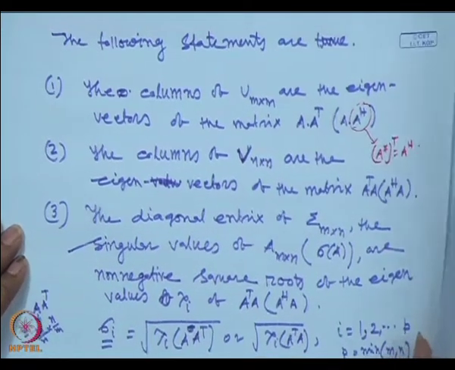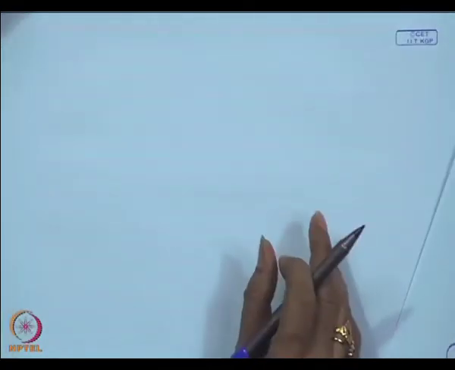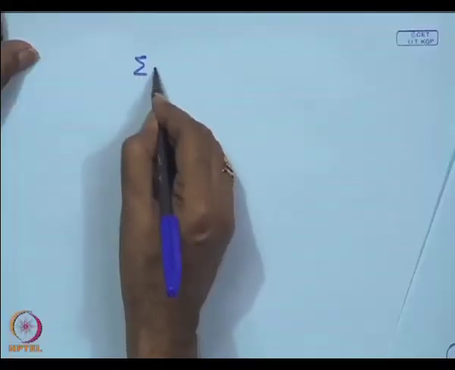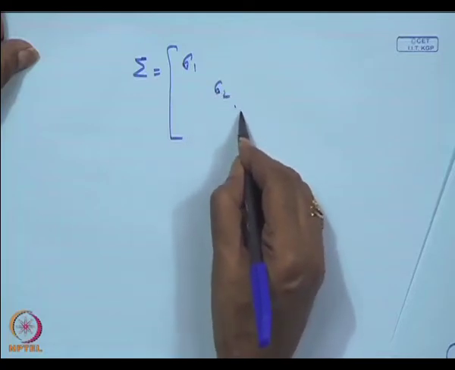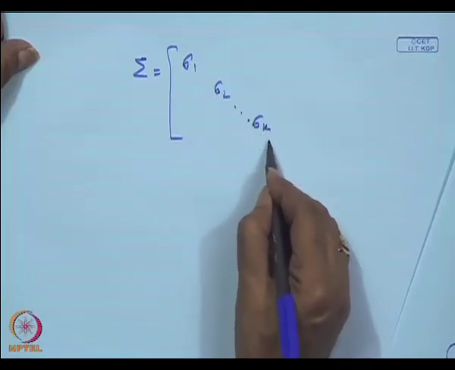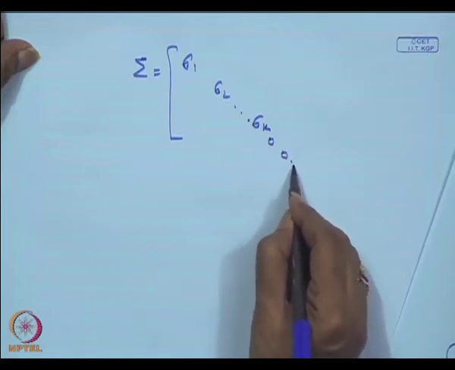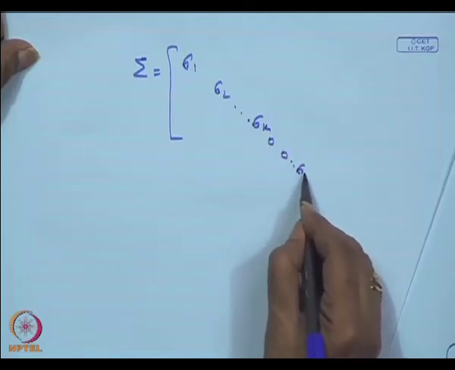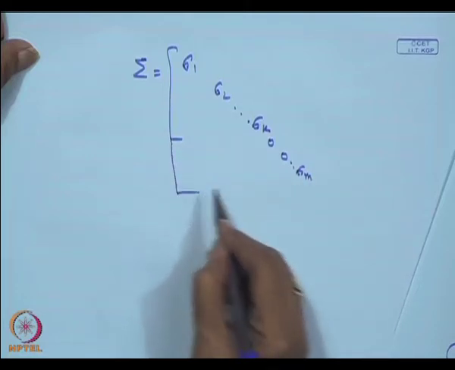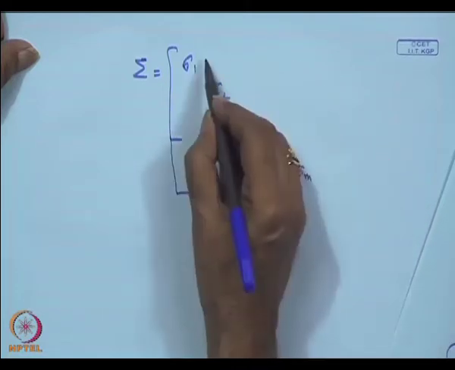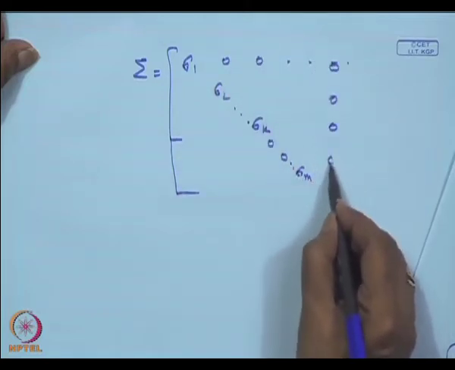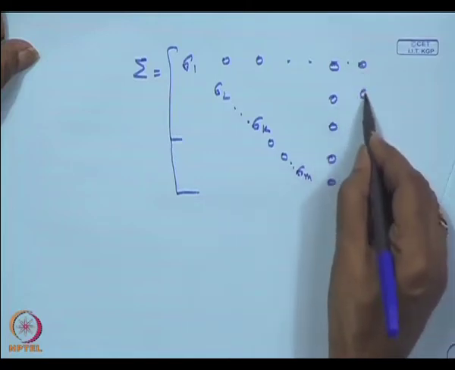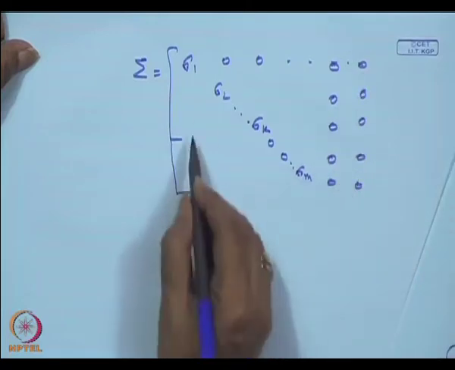In this way you can find the singular values. Basically, the structure of sigma is like this way: sigma 1, sigma 2, up to sigma k, then 0, 0, up to sigma m, suppose it is m by m, and the rest are all zeros.